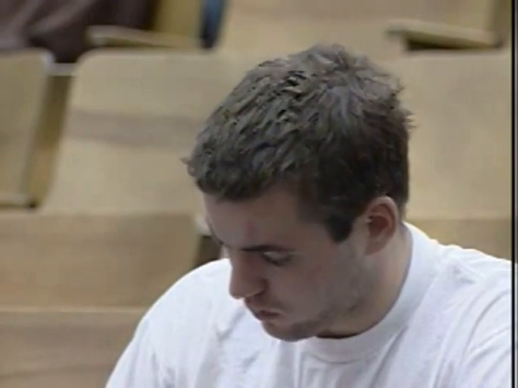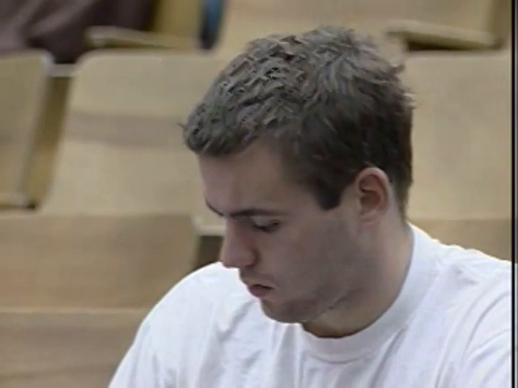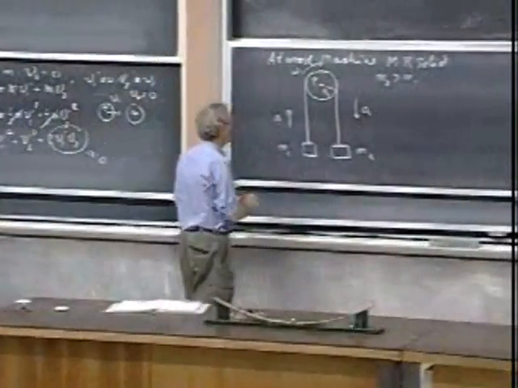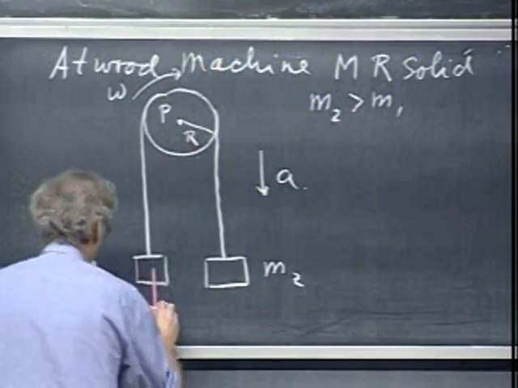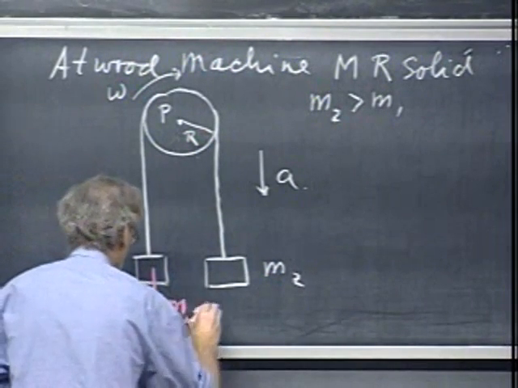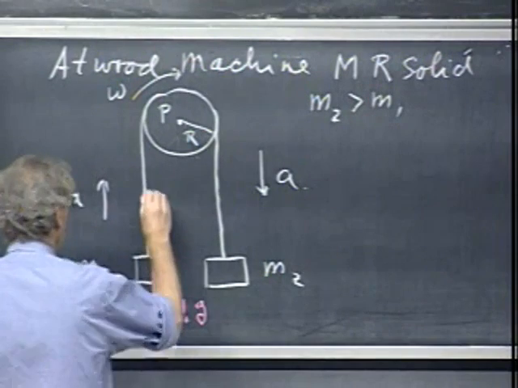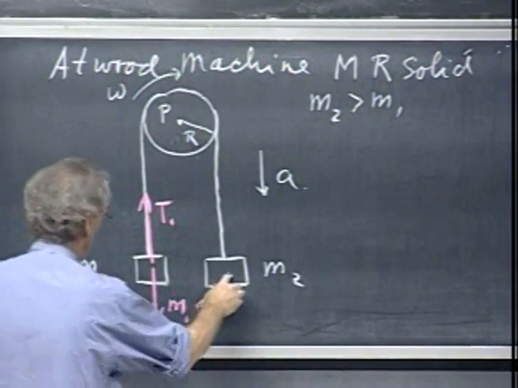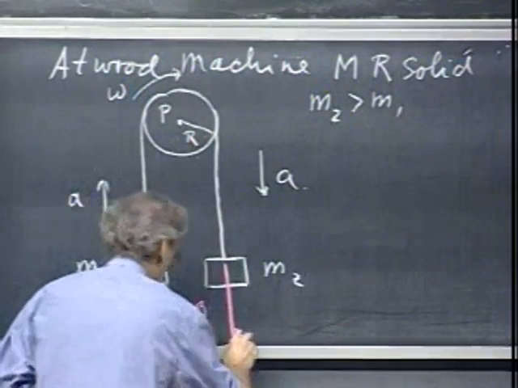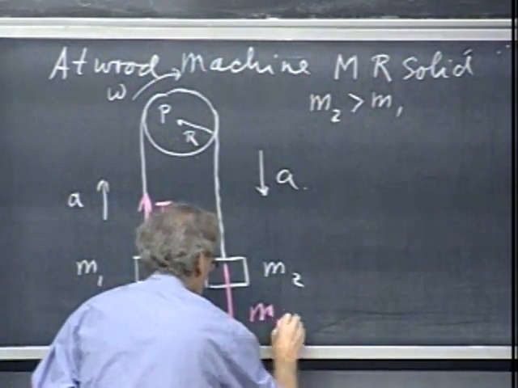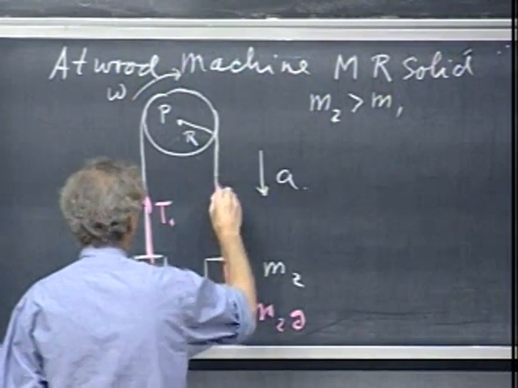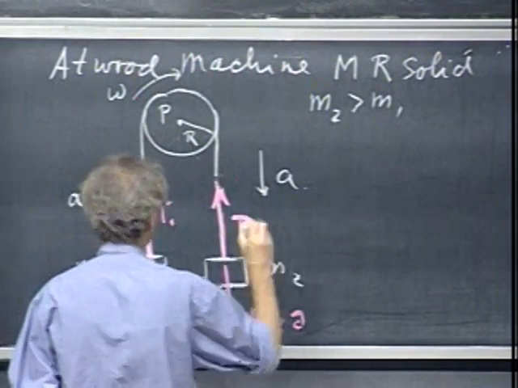And now the first thing we want to do is to make up free body diagrams. Free body diagrams for this one is easy: M1G down and T1 up. For this one, we have M2G down, and we have T2 up.